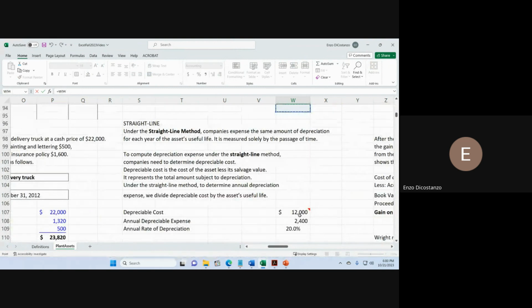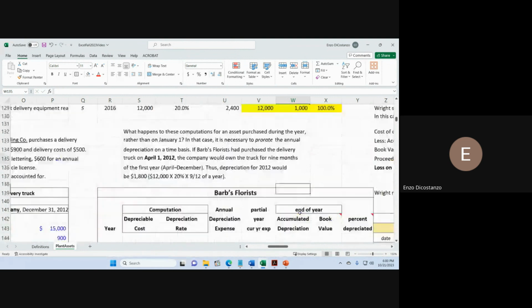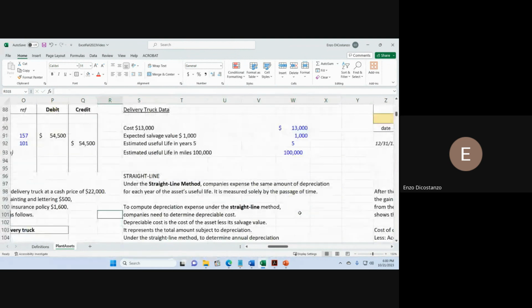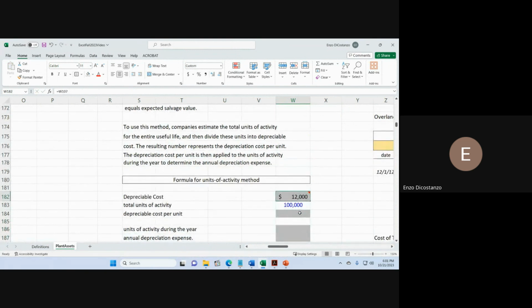How many times you have to do this? It's 13,000 minus 1,000. That shouldn't be too complicated. Total units of activity we had up here in mileage, 100,000 miles. So what this means is you're going to do 12,000 over 100,000 miles.